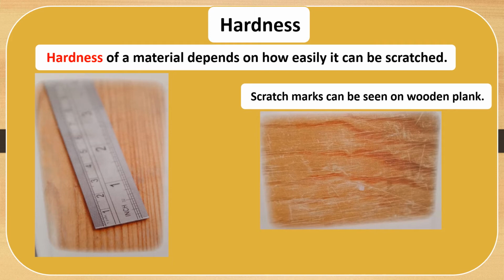But when you get the wood and you scratch a metal ruler, what will happen? There will be no scratch marks on the metal ruler. Okay?